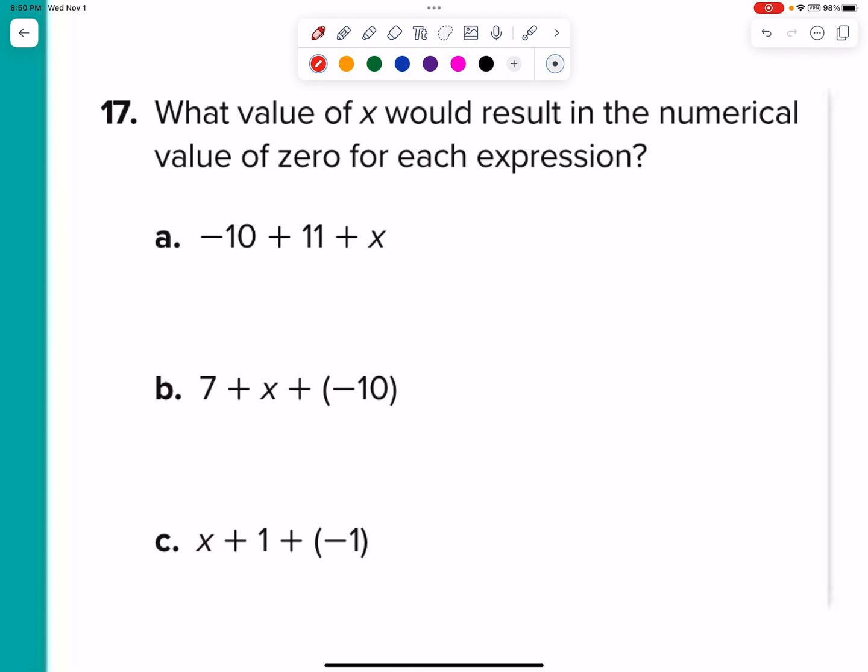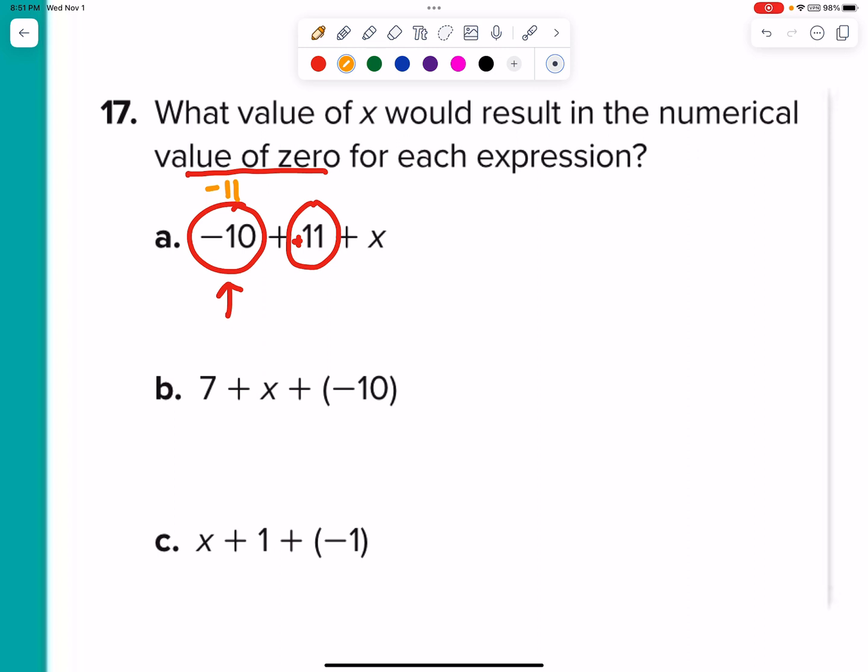So we have a negative 10 here, okay, and we have a positive 11 here. Well, what would this one need to be for us to make 0? Because all of these we need the value to equal 0. Well, if we have a positive 11, wouldn't we need this one to be a negative 11? Okay, well, it's not quite negative 11, it's negative 10.